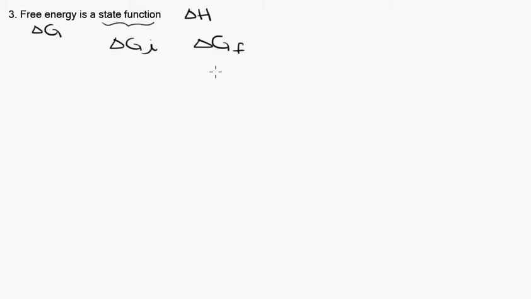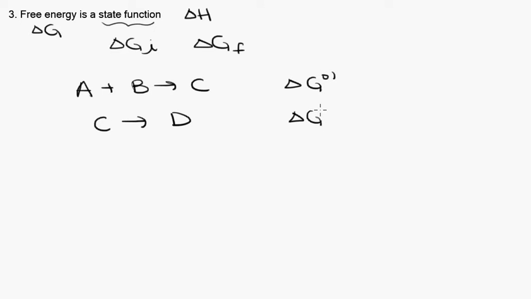So if, for example, we are trying to make some product. A plus B makes C, and then C makes D, right? There's a delta G for this reaction, a standard delta G, probably biochemical standard delta G. We'll say that this is positive 10, and it can be given to you in kilojoules per mole or in joules per mole.